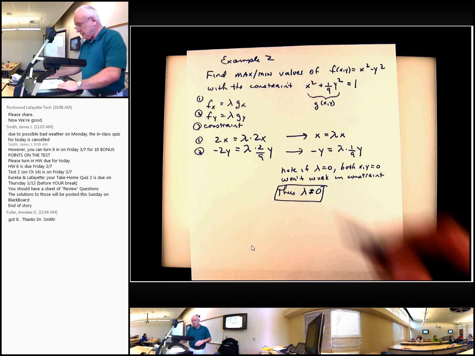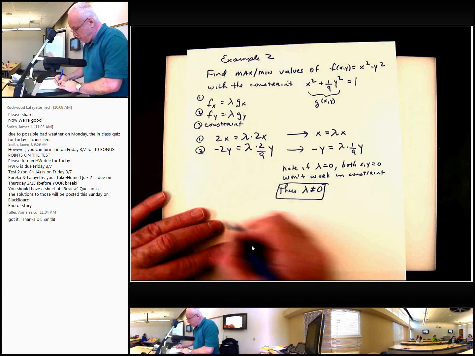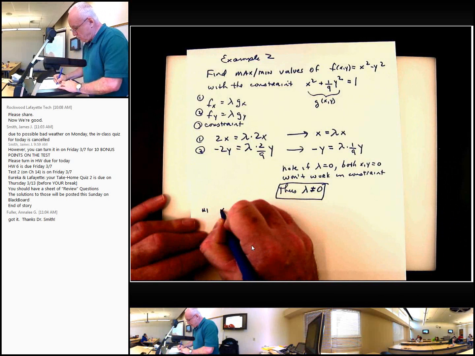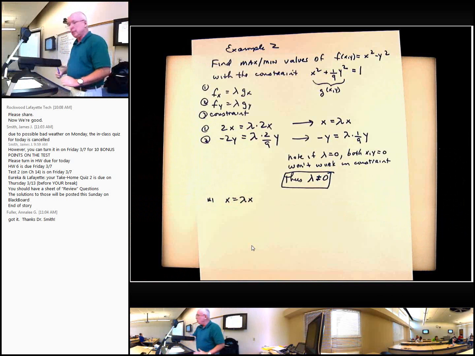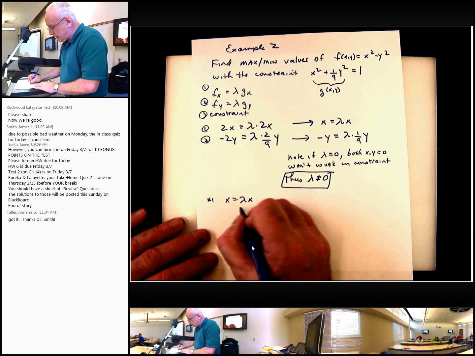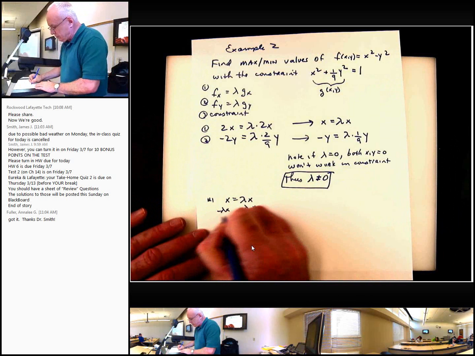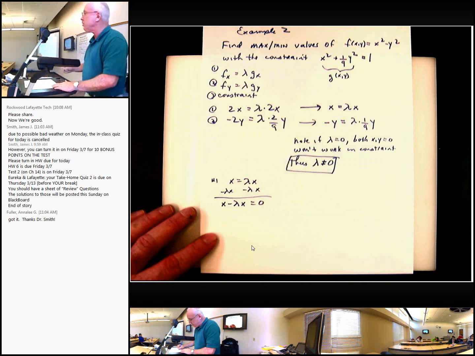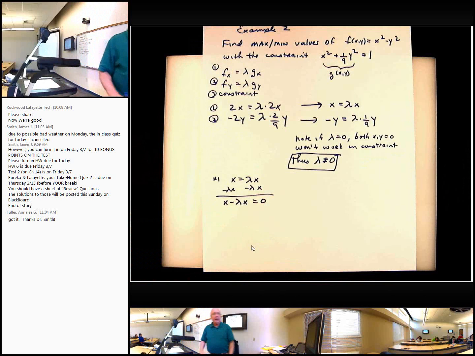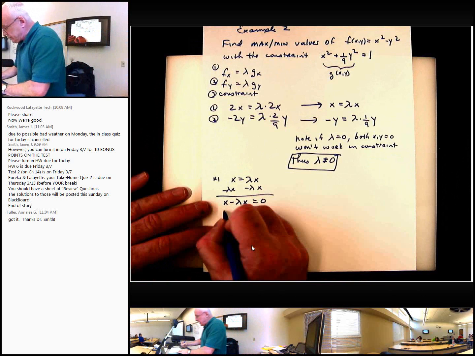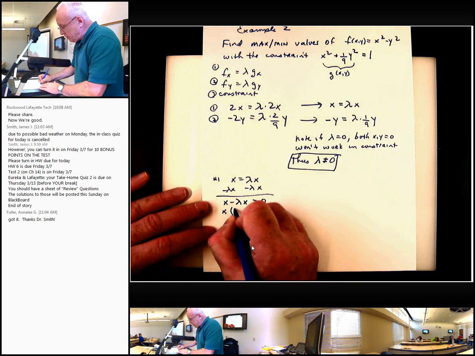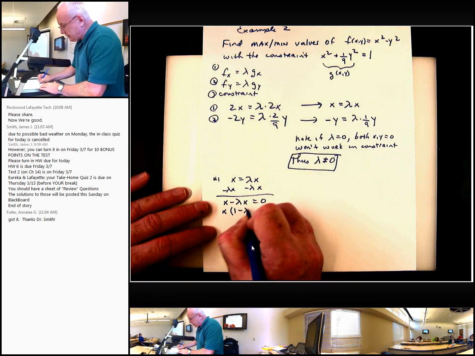So let's look at number 1 here. X equals lambda x. Let's subtract lambda x from both sides, and we have x minus lambda x is equal to 0. And we have x's in both of those terms, so that means x times (1 minus lambda) has to equal 0.